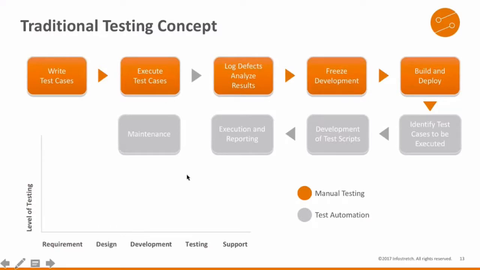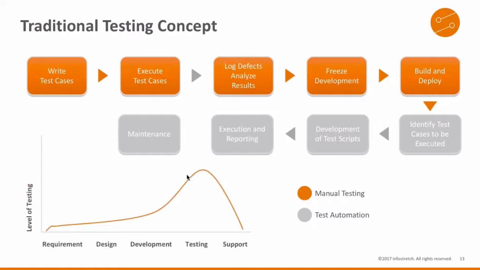Okay, so we have this traditional concept of testing, that your testing needs to be done either whenever you have some development pieces ready with you or once your development cycle is done. So in this case, your manual testers will start writing test cases, then they will execute the manual test cases, and then they will log the defects and analyze the results.